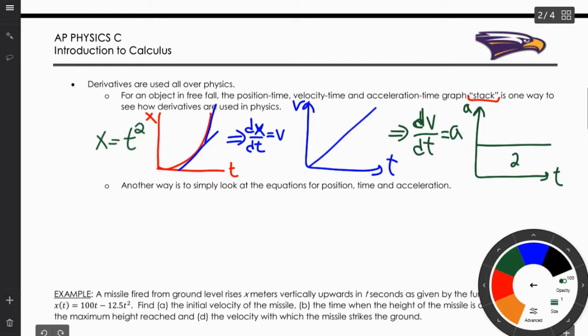This would be velocity equals 2 times t, because velocity is the derivative of position. And then this would just be acceleration equals 2, because if I take the derivative of 2t, it just becomes a equals 2. And if you look at the equations for the functions, we'll just write it as kind of the big version.